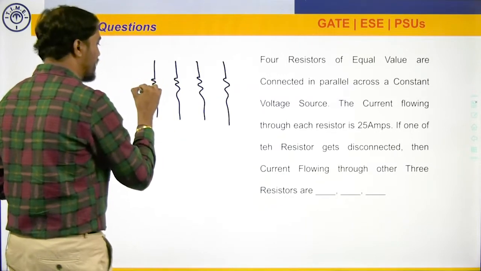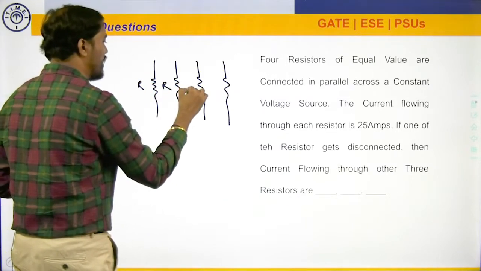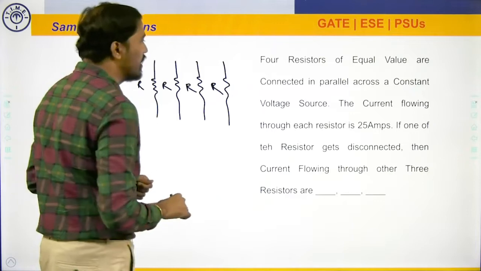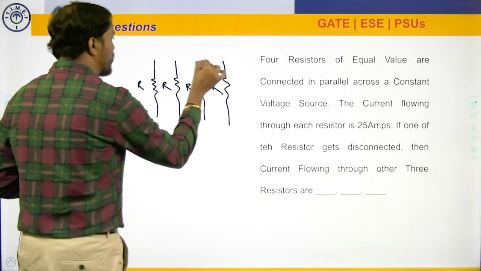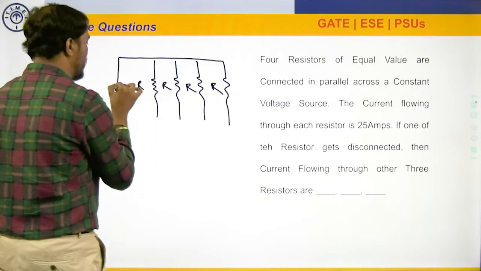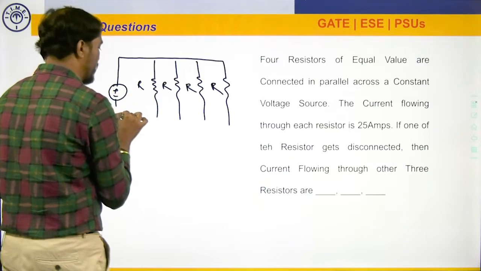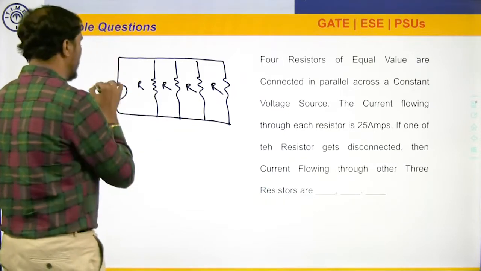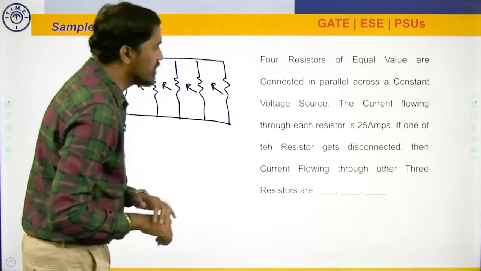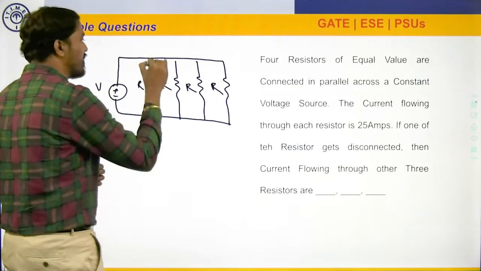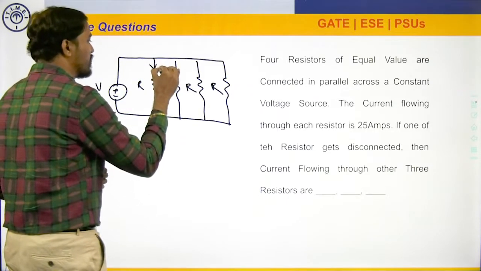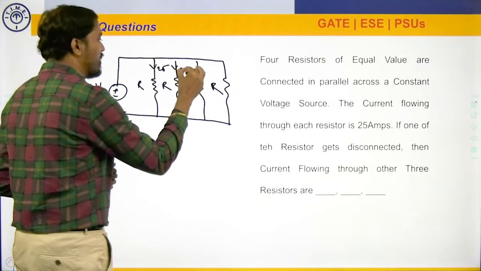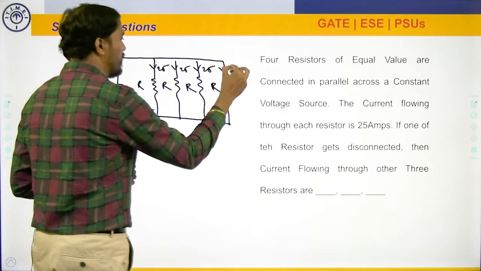He is saying all of them are equal, so let me call them R, R, R and R, across a constant voltage source V. Next, the current flowing through each resistor is 25 amperes. So, let us say this is 25, 25, 25, 25.